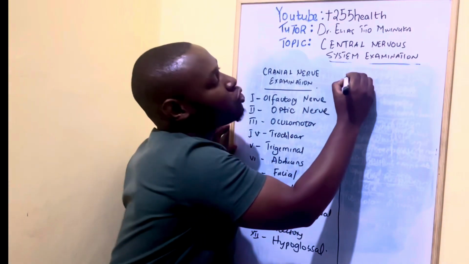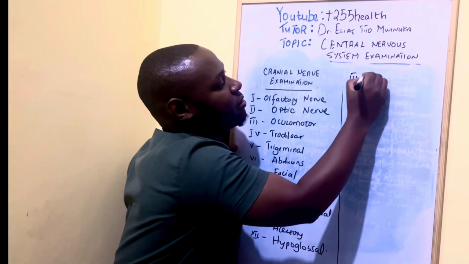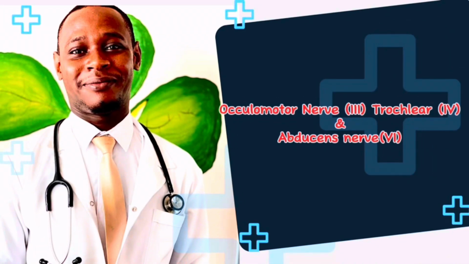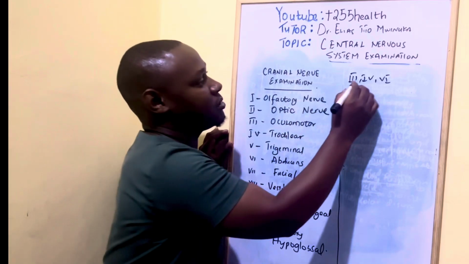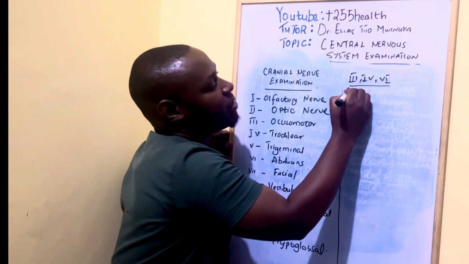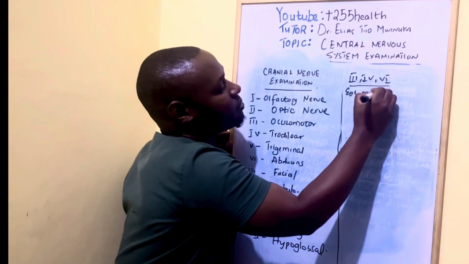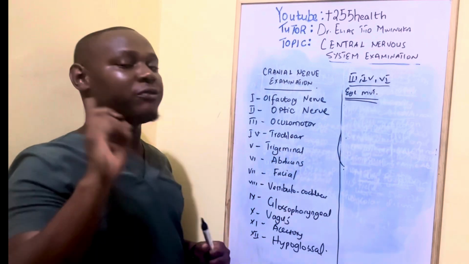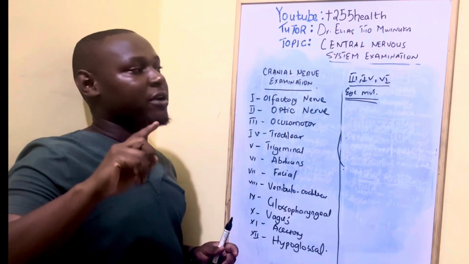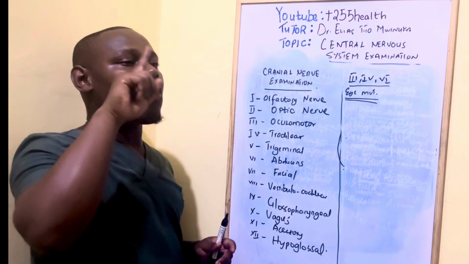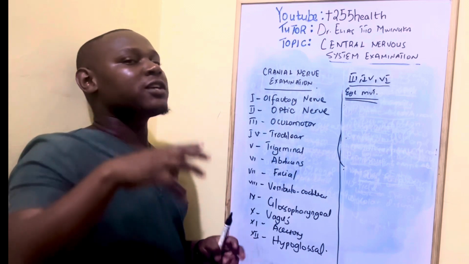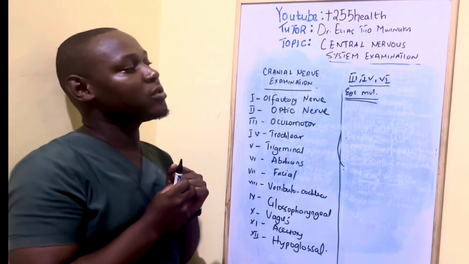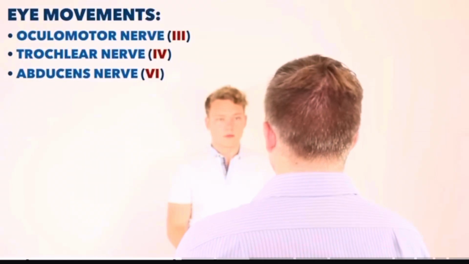Then we go to cranial nerves number 3, 4, and 6, which are the oculomotor, the trochlear, and the abducens. These are responsible for eye movements. Now you're going to ask the patient to follow your finger in different directions. Make sure you test all those eye movements, for the different muscles such as the rectus muscles, which are responsible for different movements of the eyes.